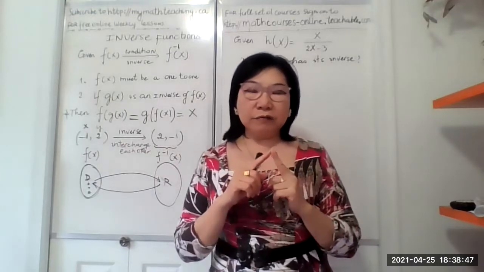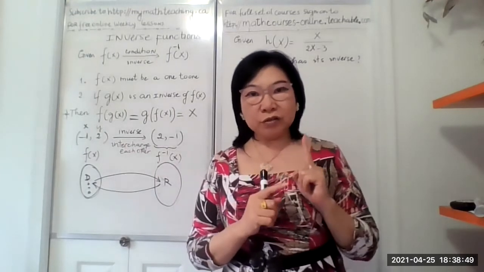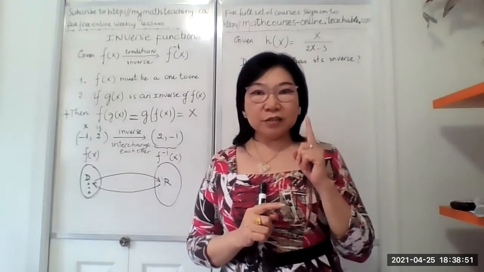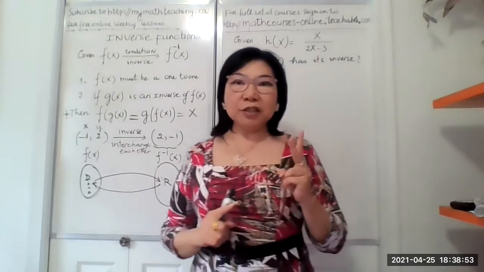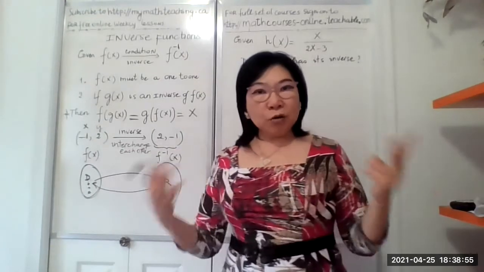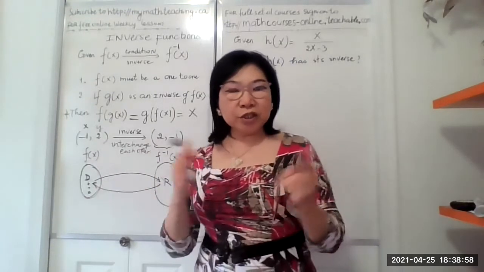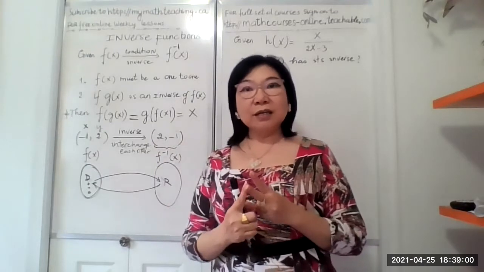Whether or not the function is a one-to-one function. That's the first condition. The second condition is we can look at their coordinates. Are they interchanging the coordinates or not, right?